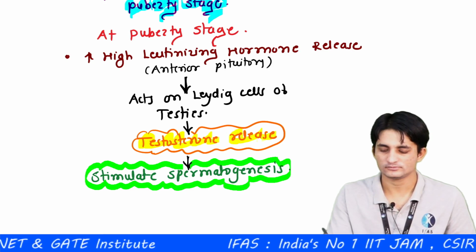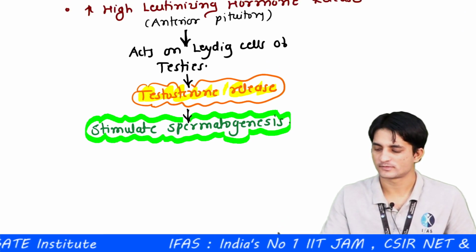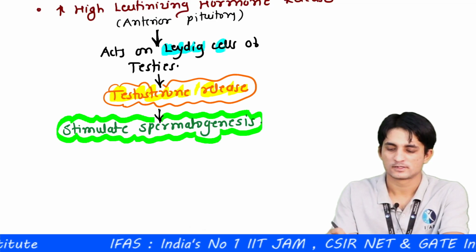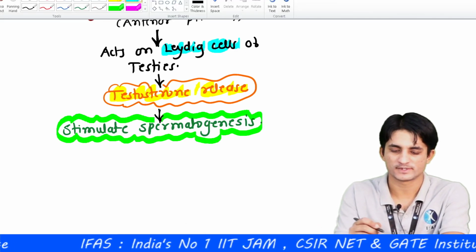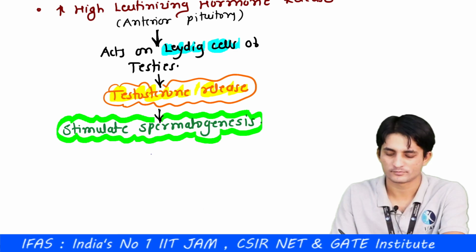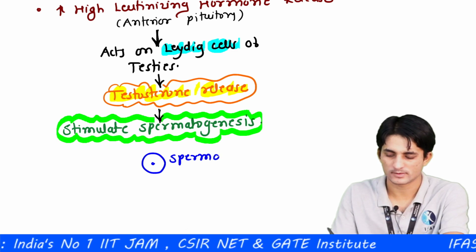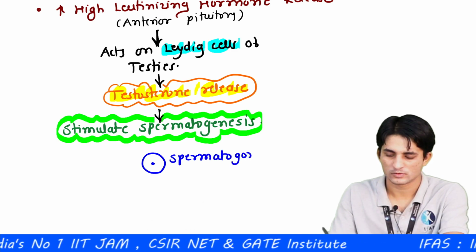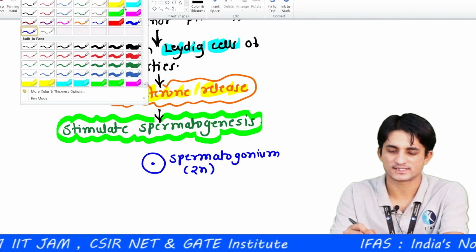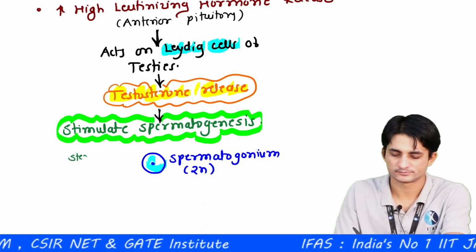So in spermatogenesis, the spermatogonium enters into division. We discussed that the spermatogonium is a diploid unipotent stem cell.